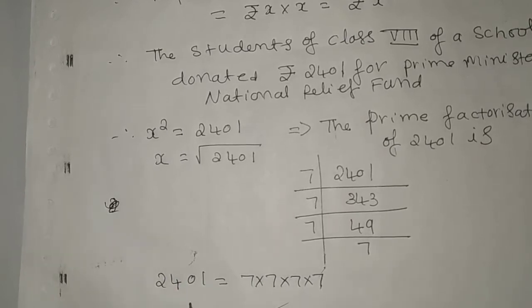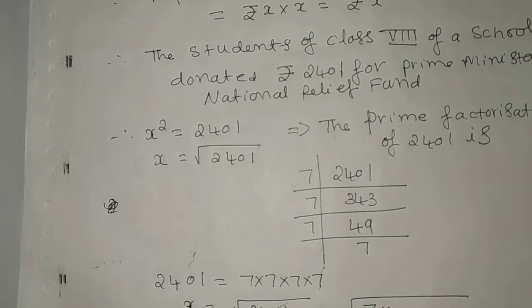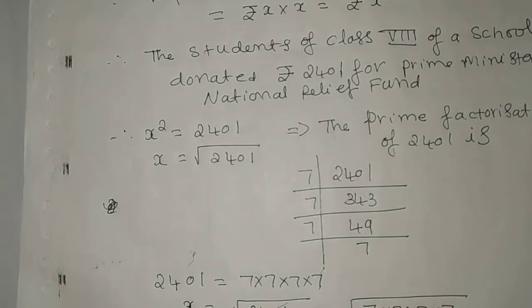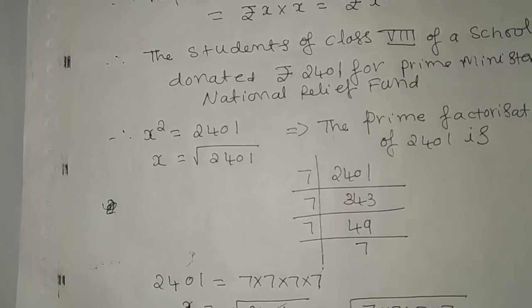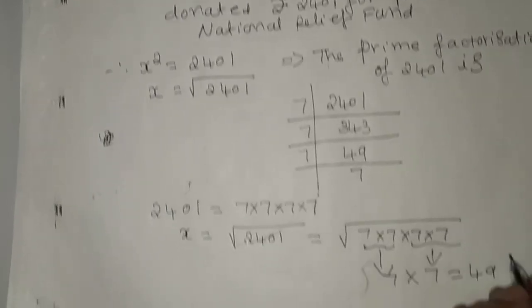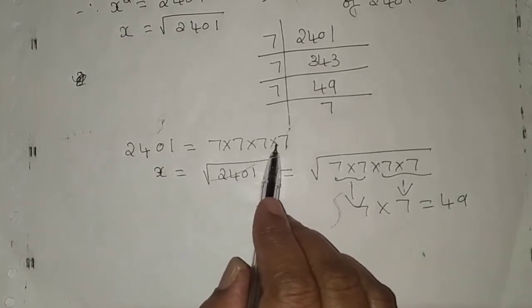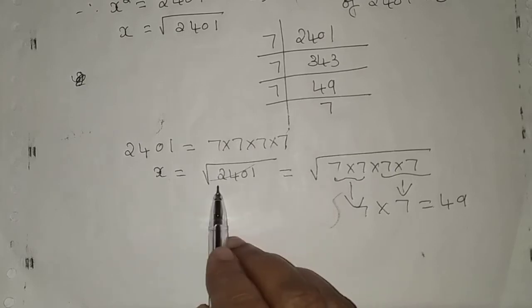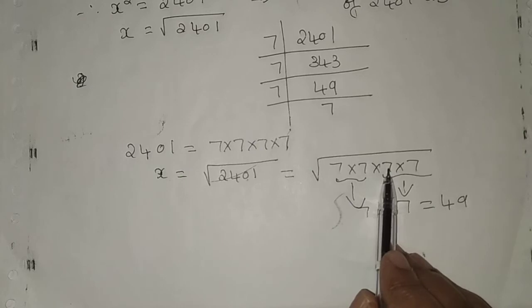So, therefore, x is equal to square root of 2401 is equal to 7 into 7 into 7 into 7. So take two pairs of 7. Take 1 7 from each pair. Now write square root of 7 into 7, 7 into 7.